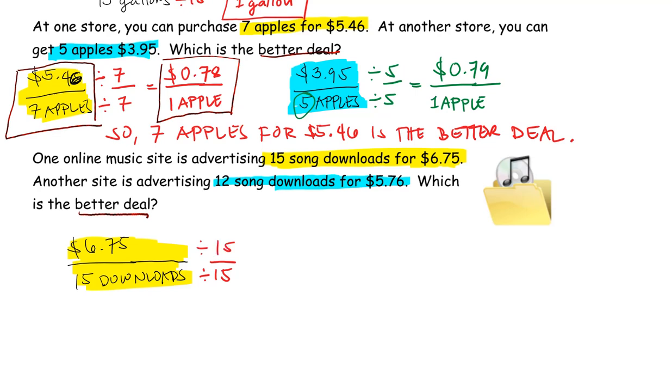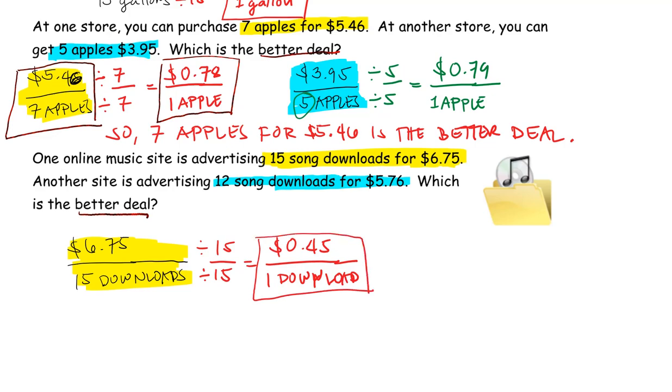So the numerator should also be divided by 15. So this gives you $0.45 per 1 download. So this is the unit rate of the first music site.